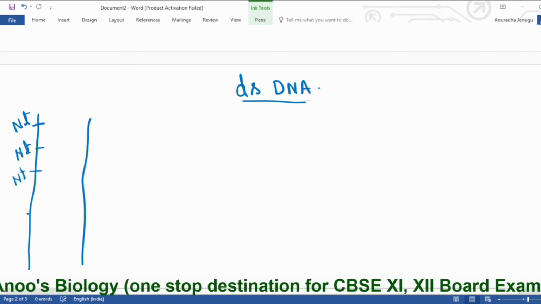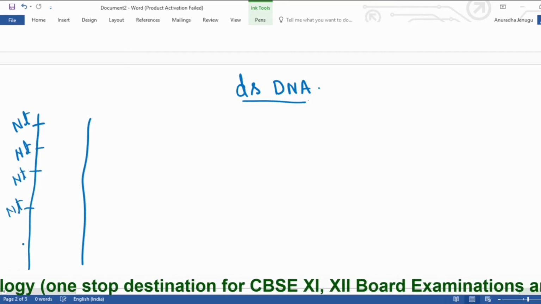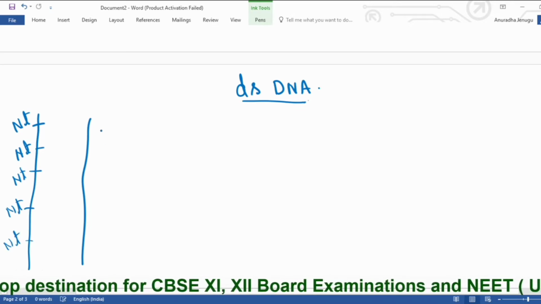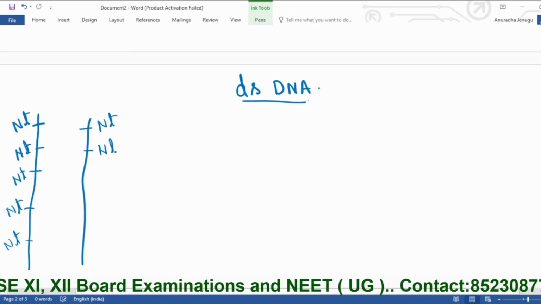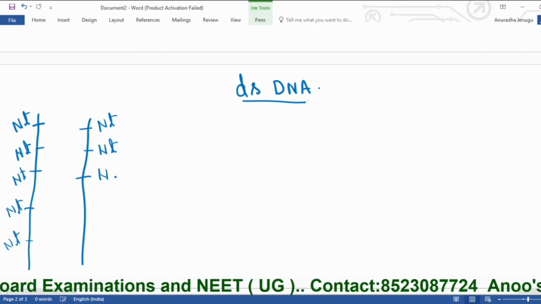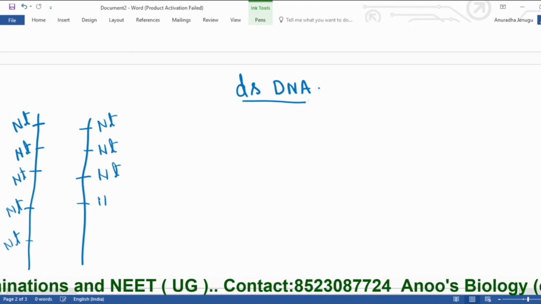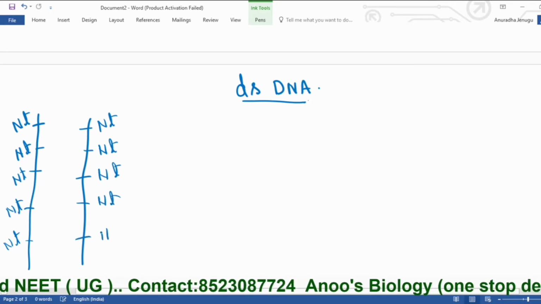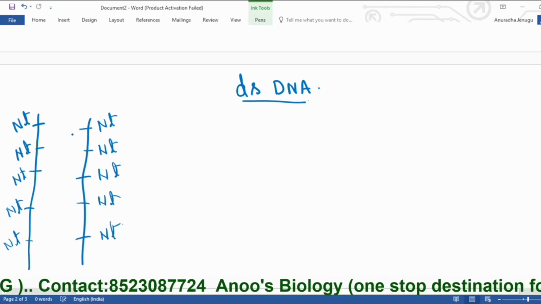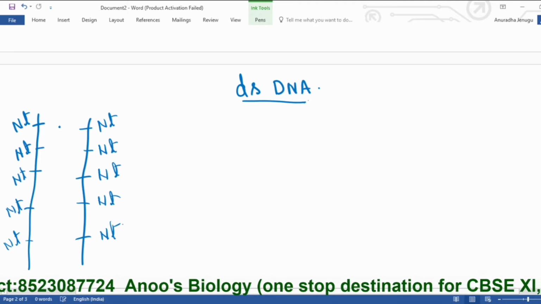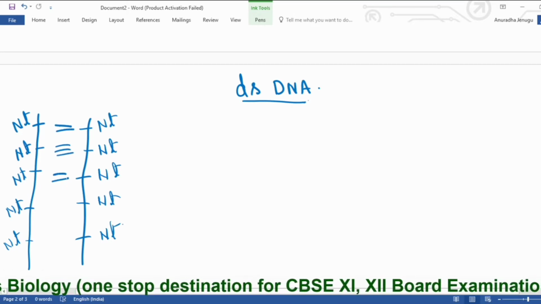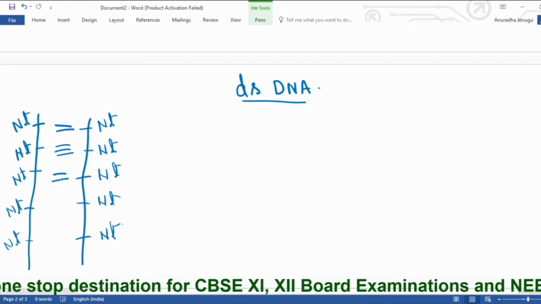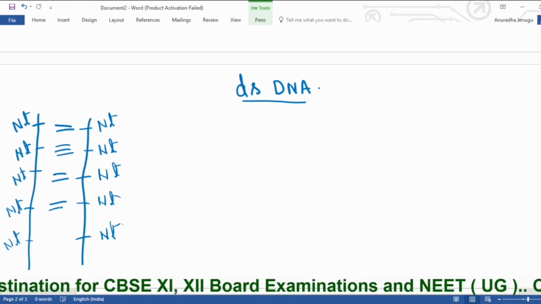All these nucleotides are joined together to form a polynucleotide chain. In the same way, the other polynucleotide chain is also formed by the joining of many nucleotides. After formation of these two polynucleotide chains, they are joined together by the formation of hydrogen bonds between the nitrogen bases present in the opposite strands. This I will explain.